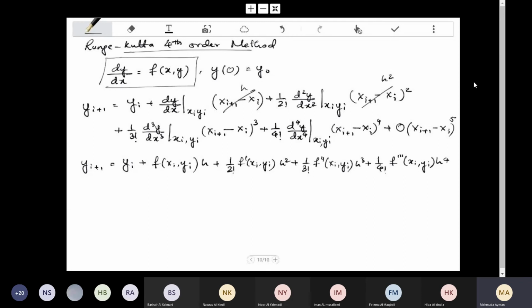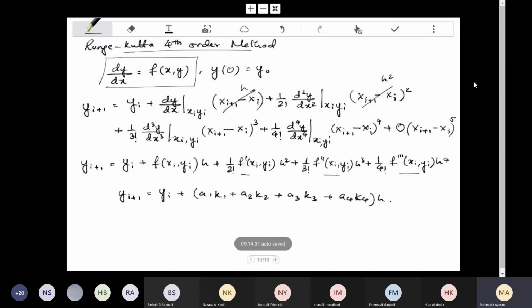So instead of finding the f prime, f double prime and f triple prime, what Runge-Kutta did was they assumed the formula to be y i plus 1 is equal to y i plus a1 times k1 plus a2 times k2 plus a3 times k3 plus a4 times k4, times h.